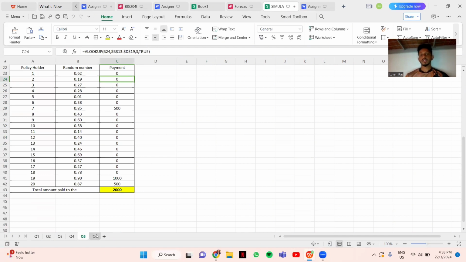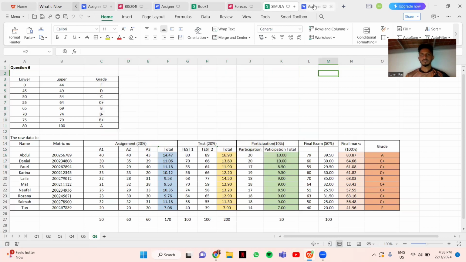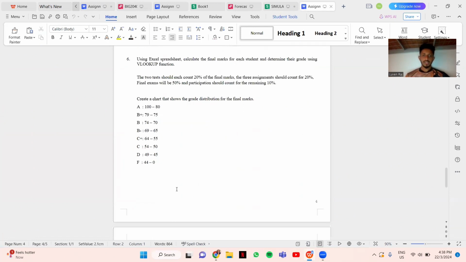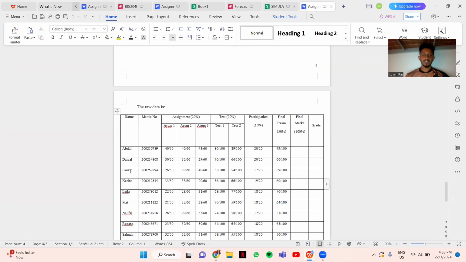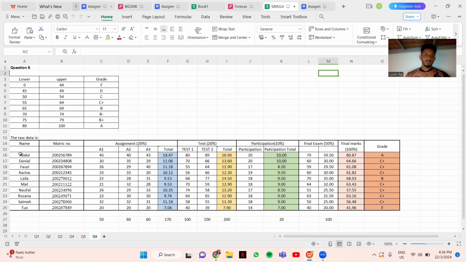So moving on to the last question, question 6. Using Excel, calculate the final mark for each student and determine their grade using the VLOOKUP function. So they have already given the grades and also the raw data of each student, like the assignment, test, participation, final exam.